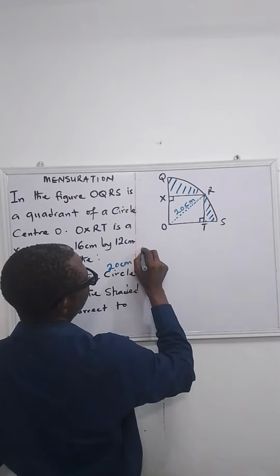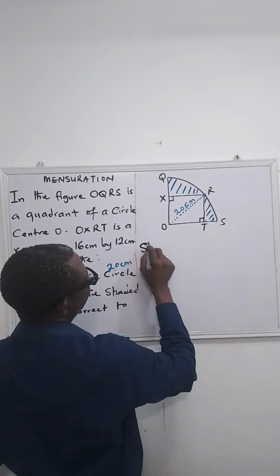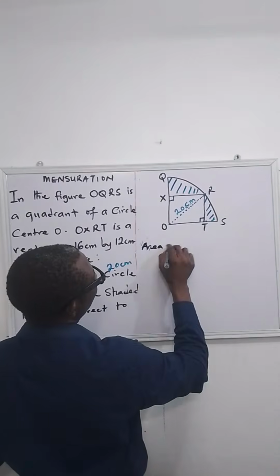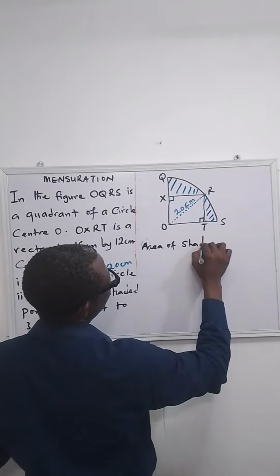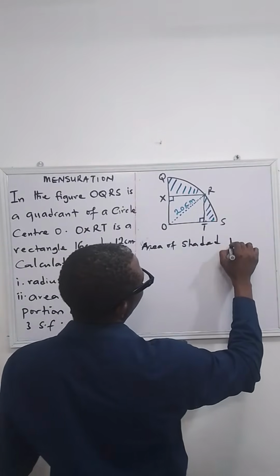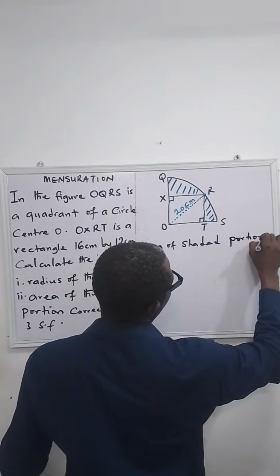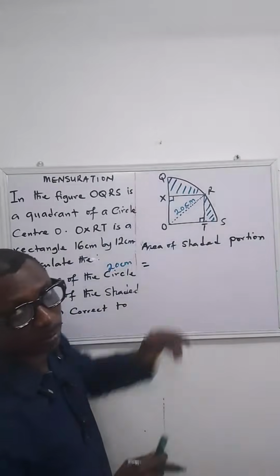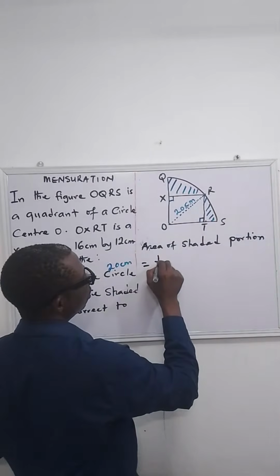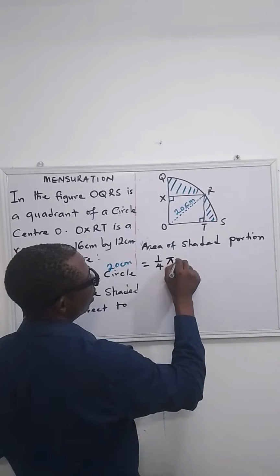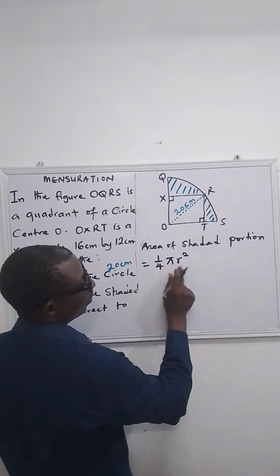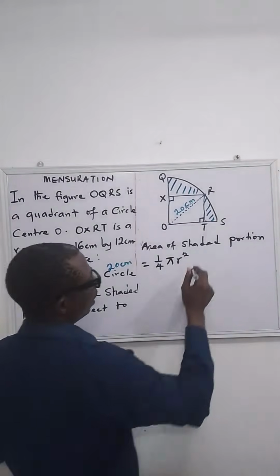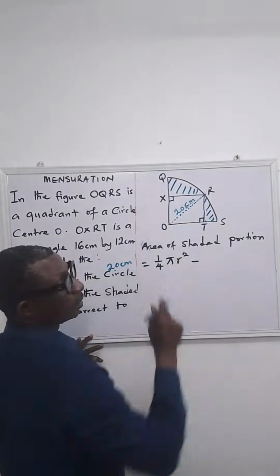So let's start with this area of shaded portion. Now this gives us area of the quadrant. That is 1/4 of area of a circle. And area of a circle is pi r squared. Okay. So now minus area of the rectangle.